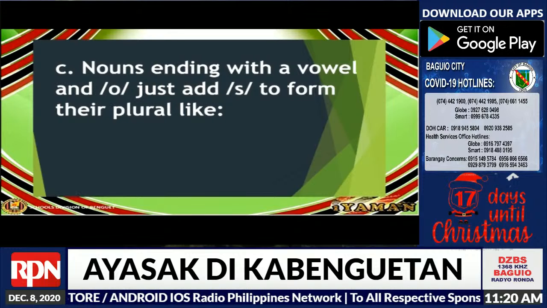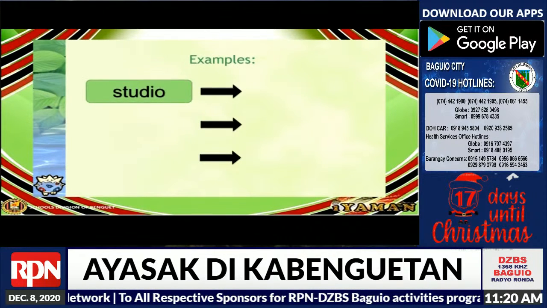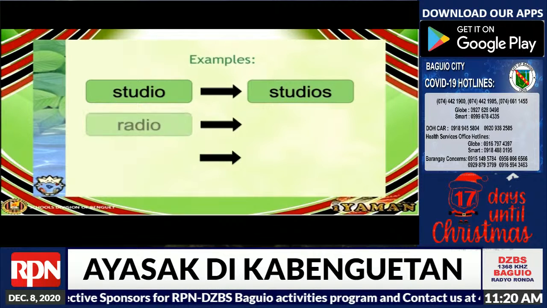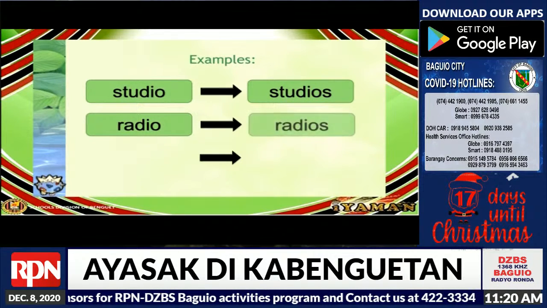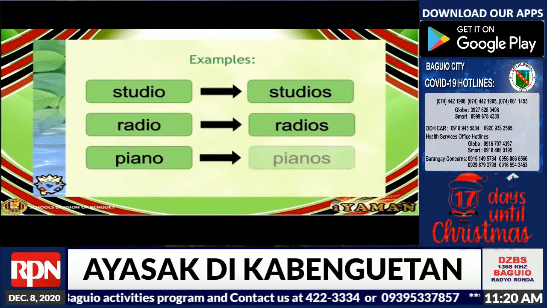Nouns ending in a vowel and o just add s to form their plural, like the examples: studio, add s, studios. Radio, radios. Piano, pianos.